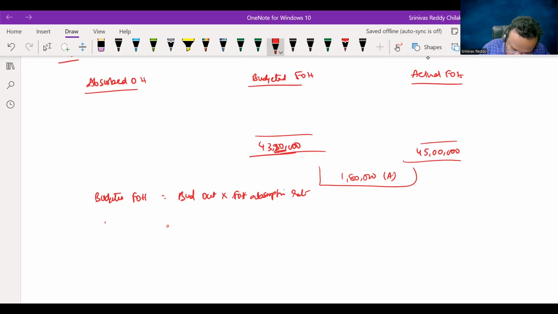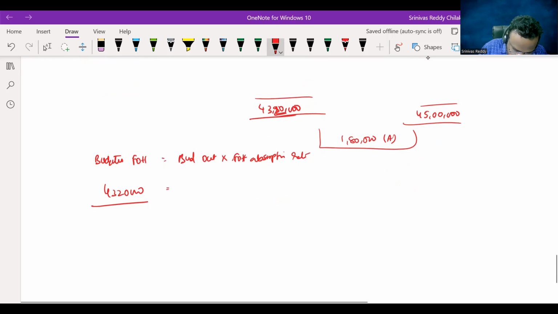43 lakh 20,000 divided by the fixed overhead absorption rate. How much have they given as fixed overhead absorption rate? It is 100% of wages cost, 5 hours per unit. So 5 into 72, how much amount? 5 into 72, so you'll get budget output.